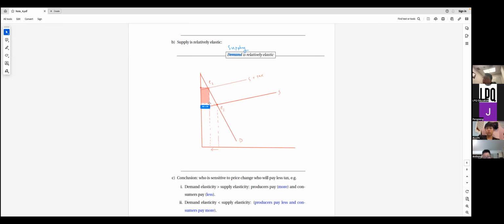Okay, so this time the red shaded area, and you got another area. Okay, the green area is called tax paid by producer. The red one is the tax paid by consumer, and the green one is the tax paid by producer.